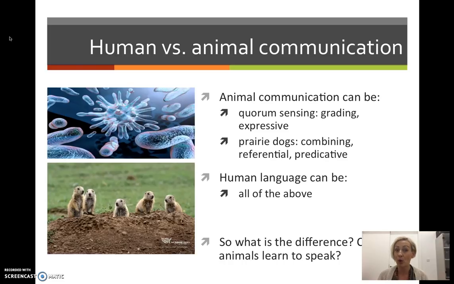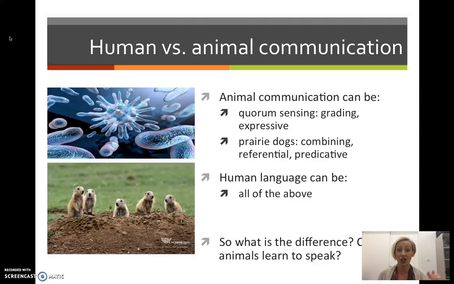For example, quorum sensing of bacteria, there is only one type of signal, the only one pheromone. So when there is a lot of the pheromone, it means there is a lot of bacteria. If there is very little of the pheromone, it means that there is not a lot of bacteria. So this system is grading. The message is always the same. It's the pheromone.